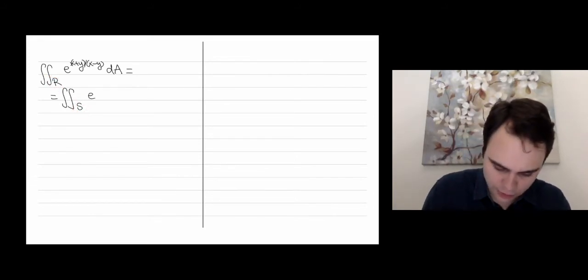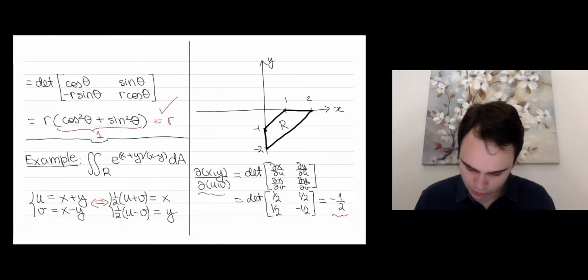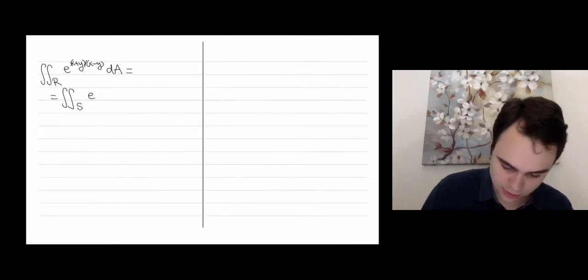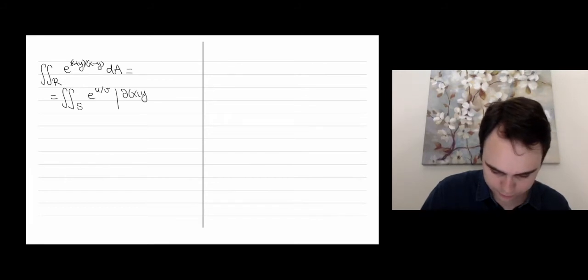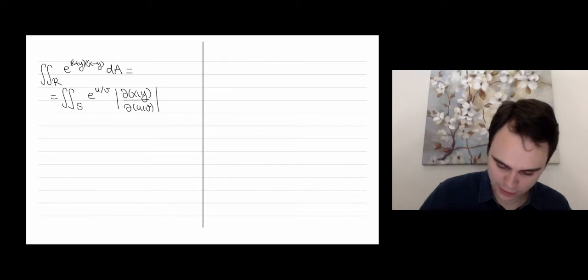Now the function we're integrating is e to the x plus y over x minus y. So in terms of u and v, x plus y is u and x minus y is v. So that's e to the u over v times the Jacobian determinant in absolute value times du dv.